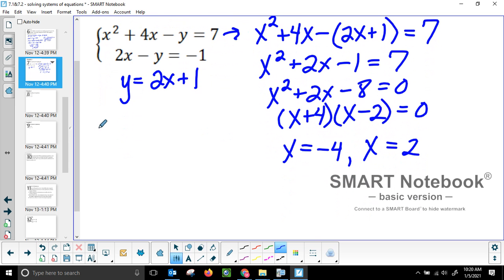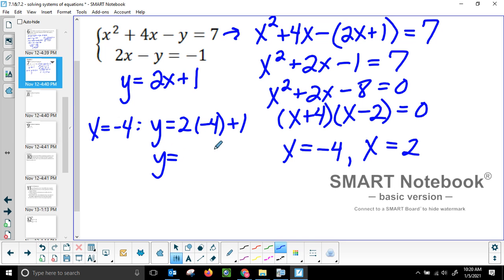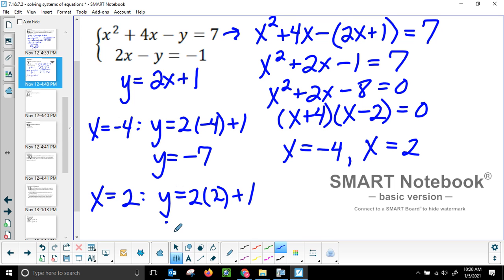When x is equal to negative 4, we will get y is equal to 2 times negative 4 plus 1. So y is equal to negative 7. And when x is equal to 2, we will get y is equal to 2 times 2 plus 1. So y is equal to 5.